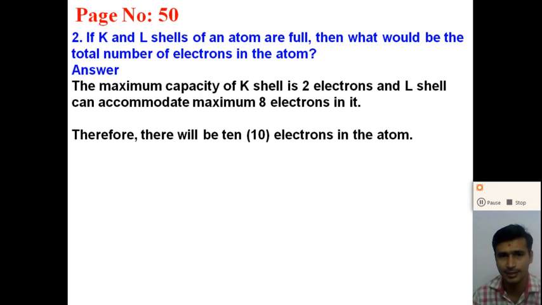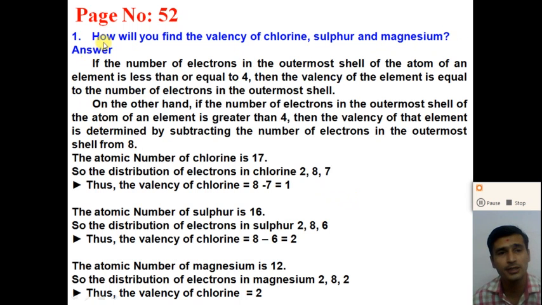So the number of electrons in the K shell is 2 and in the L shell is 8. The total number of electrons in the atom is 2 plus 8, which is 10. So there will be 10 electrons in the atom. Understand?